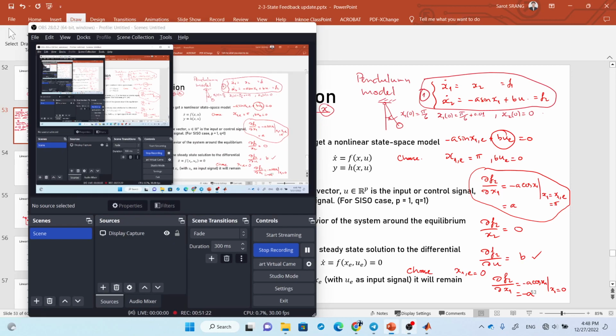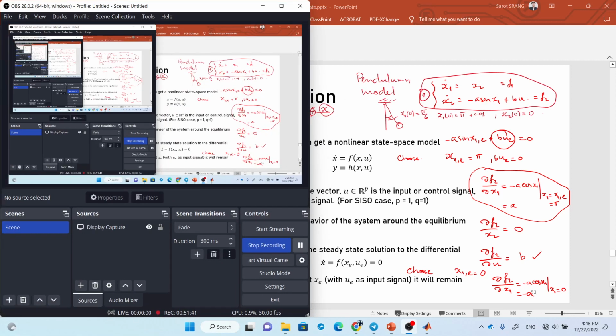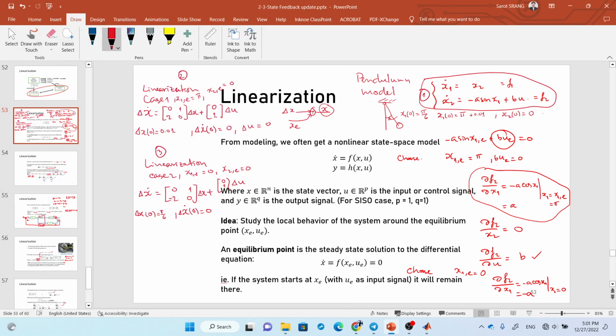Oh, yeah, there is a mistake here. This is supposed to be pi. To simulate it in an easy way for observation and analysis, just use pi minus 0.01.